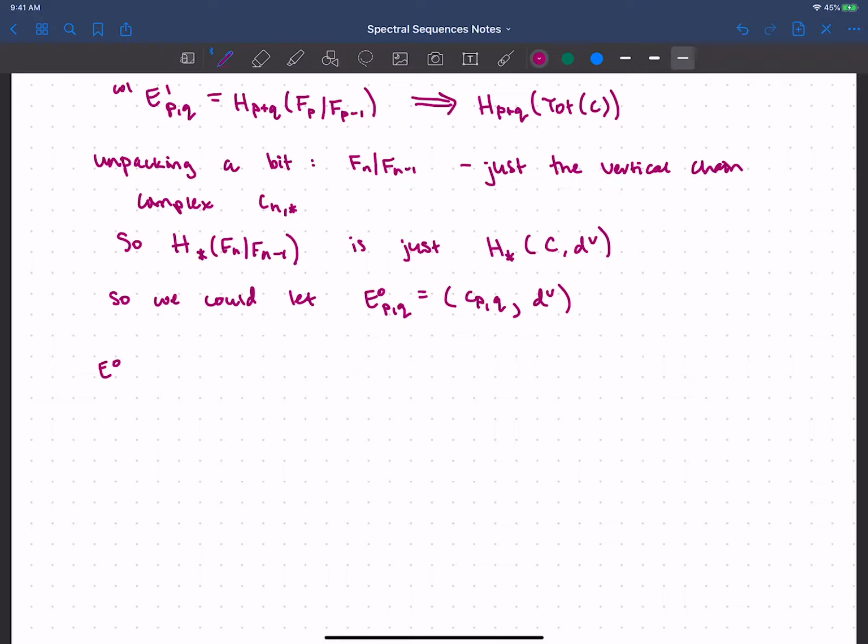So what would that look like? We'd have E0. Maybe I should make that bigger. We'd have some stuff from our double complex, and we'd only be looking at the vertical differentials.